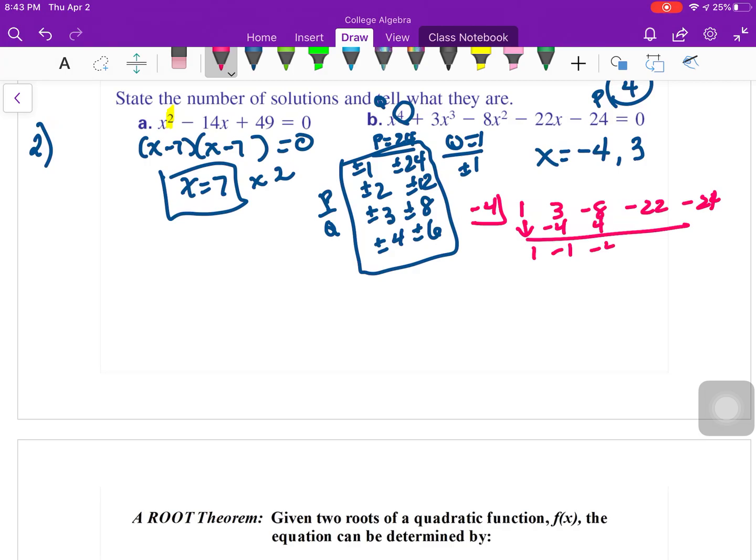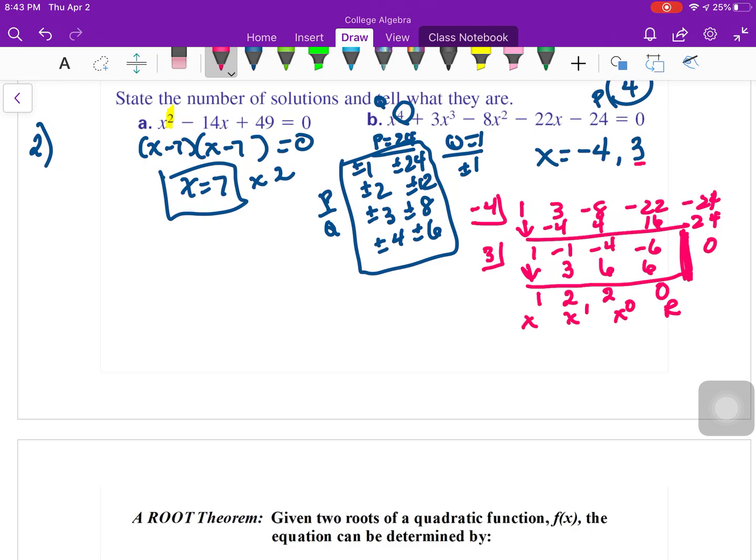I get negative 1, negative 6. This gives me 0. So in my compressed polynomial, I'll divide my other root of 3. 1 times 3 is 3. 2 times 3 is 6. 2 times 3 is 6.